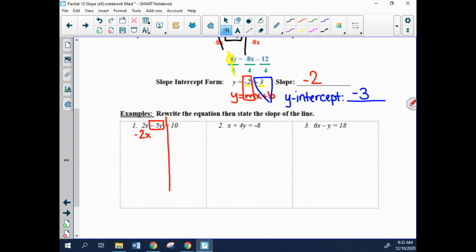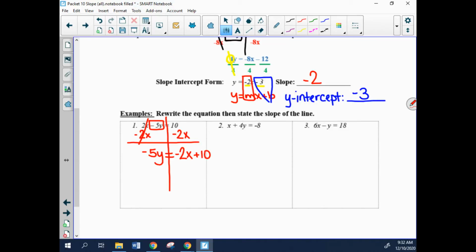It's a positive 2x, so I'm going to subtract 2x from both sides. The 2x's cancel out, and I'm left with negative 5y on the left. That is equal to whatever's left on the right, making sure that I write my x term first. So negative 2x. It's a 10 at the top that's positive, so I'm going to write plus 10.